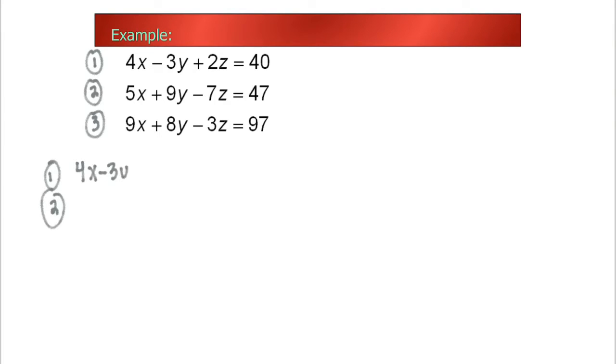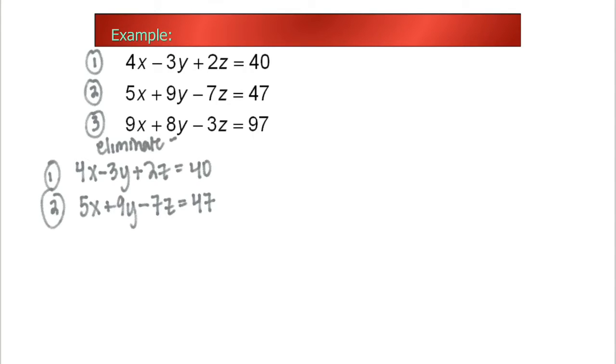We have 4x minus 3y plus 2z equals 40, and 5x plus 9y minus 7z equals 47. And I'm eliminating z. So I'm going to have to multiply the first equation by 7 and the second equation by 2.